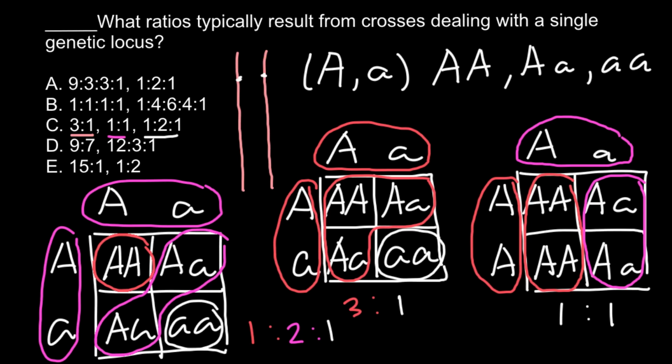A locus is just a position on the chromosome, on the same two homologous chromosomes.